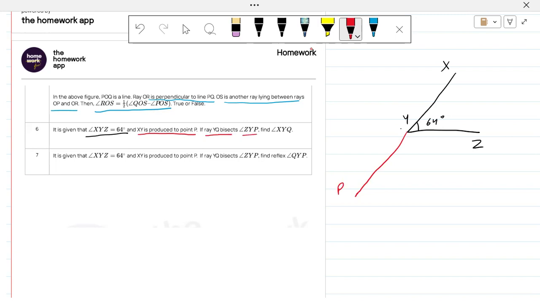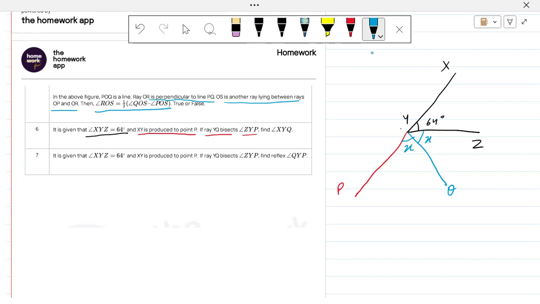This is angle ZYP, and this is ray YQ. I will make this ray with a blue pen. This ray YQ bisects angle ZYP, that means if this angle is equal to x, this angle will also be equal to x.